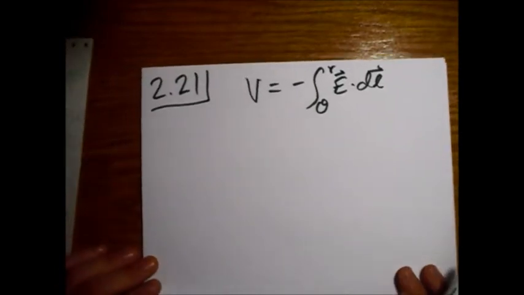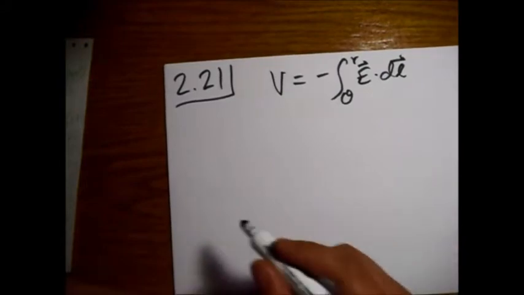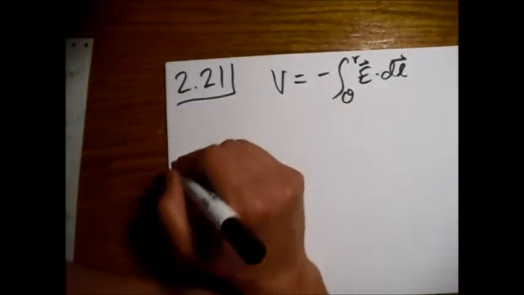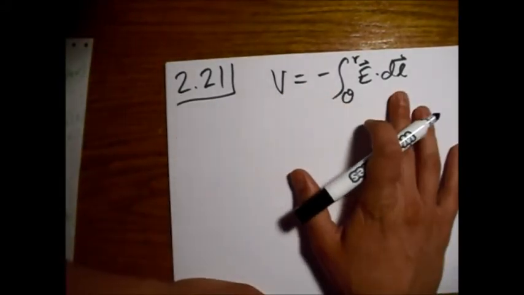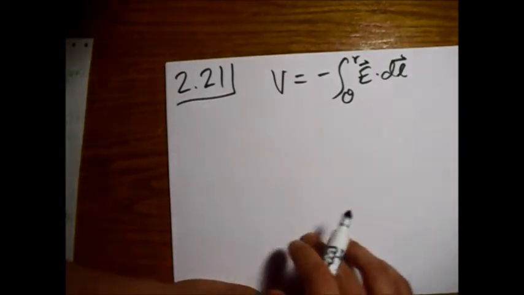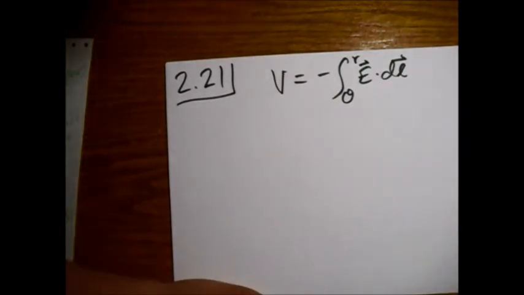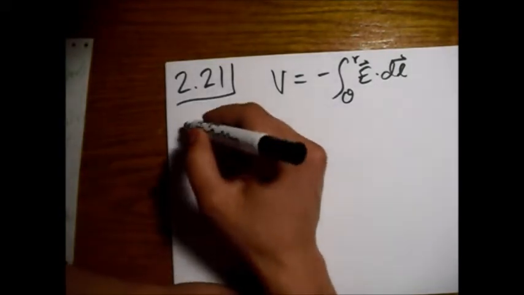So just as a quick review, let's go ahead and do it again. Outside, because of the radial symmetry of the sphere, we know the electric field is going to be in the r hat direction. We just need to find the magnitude.